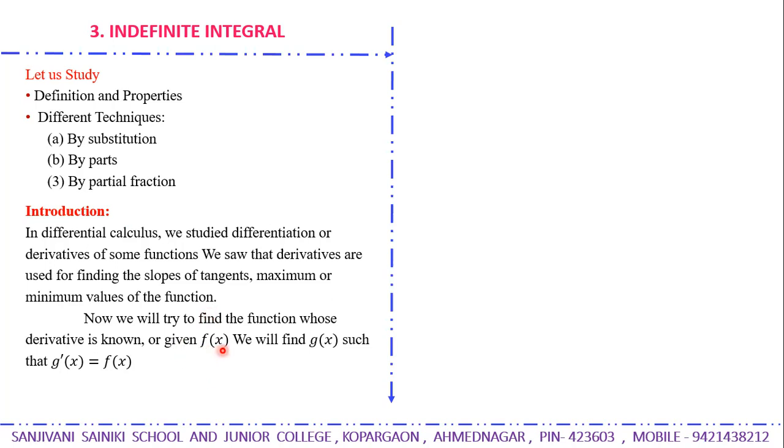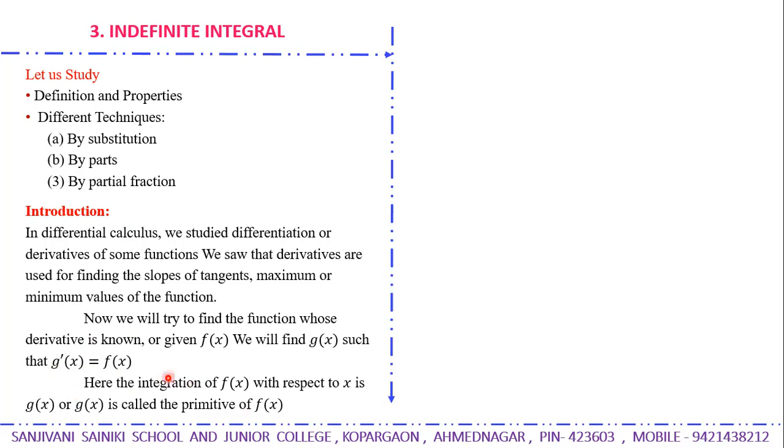For given f of x, we will find g of x such that g dash of x is equal to f of x. So f of x is given and we have to find g of x. Here, the integration of f of x with respect to x, similar to the derivative, where the derivative of y with respect to x is dy by dx.